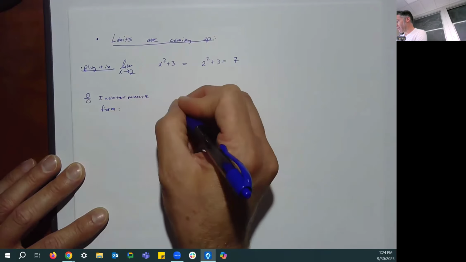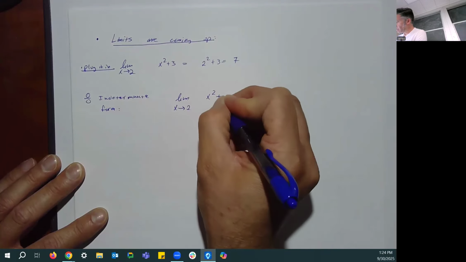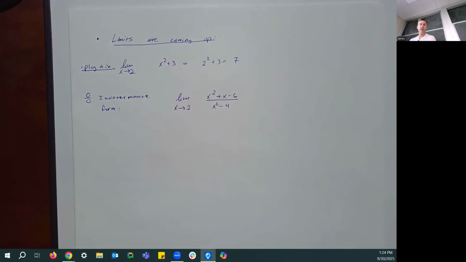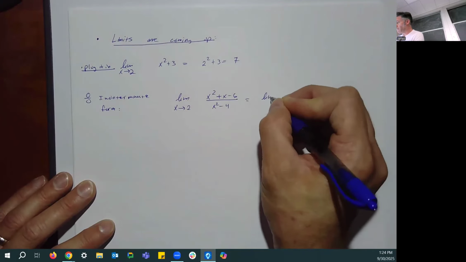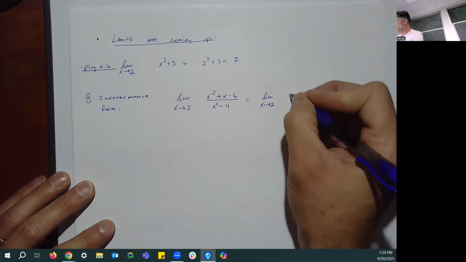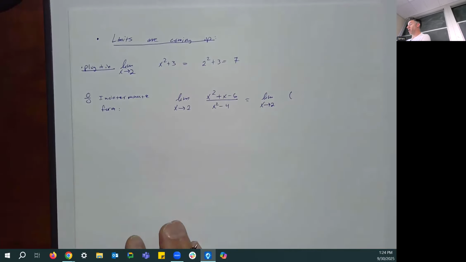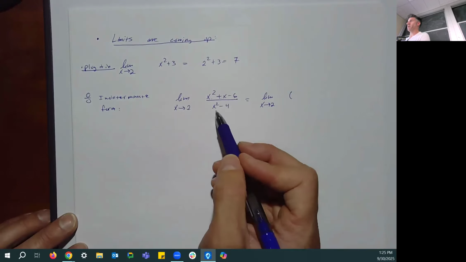For example, something like the limit as x approaches 2 of (x squared plus x minus 6) over (x squared minus 4). Often in 17a, when we did this, we still ended up getting something because you could usually factor out the challenging piece. First of all, if I plug in 2 for x, I get 0 divided by 0: 4 plus 2 minus 6 is 0, over 4 minus 4, which is also 0.